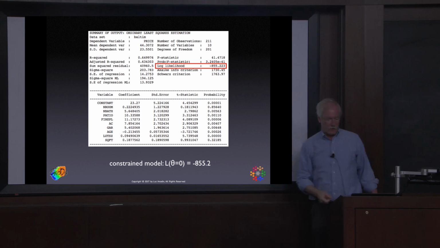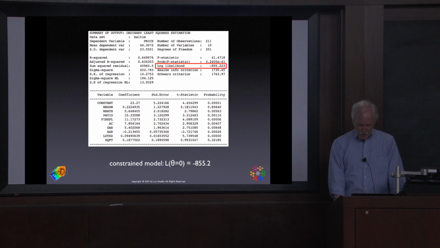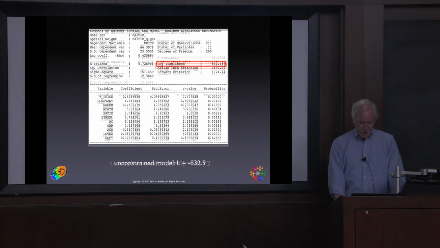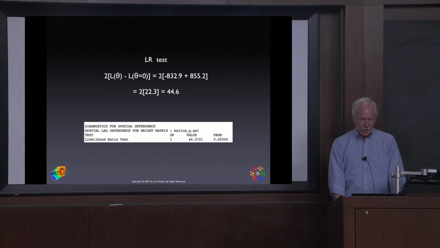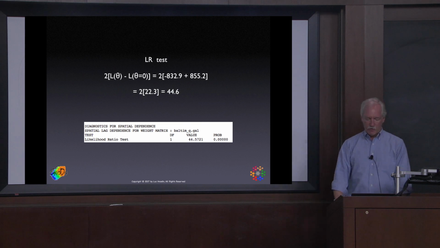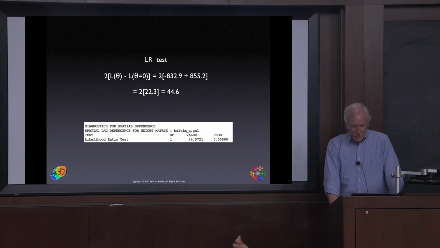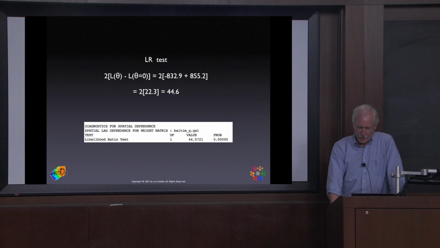Remember I showed this last week, how you could have that in there. Here's the lag model, that's the unconstrained log likelihood. And then we take the difference between the two times 2, and that's 44.6. And that is the value of the likelihood ratio test. Again, way significant, right?